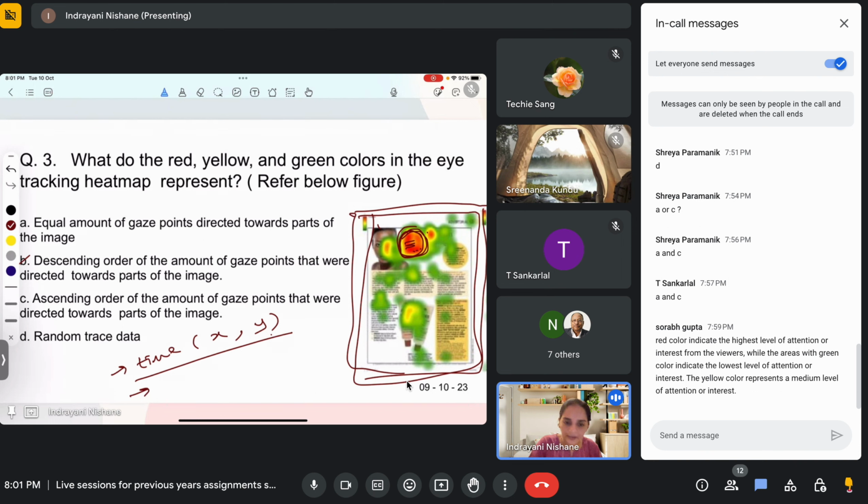Yellow is somewhere in between, and green is a lesser number of fixations.